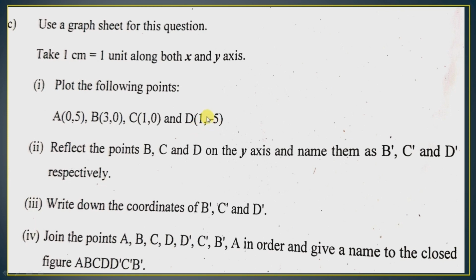So first we will plot the following points: A(0, 5), B(3, 0), C(1, 0), and D(1, -5).